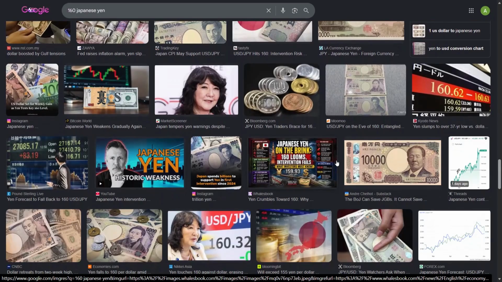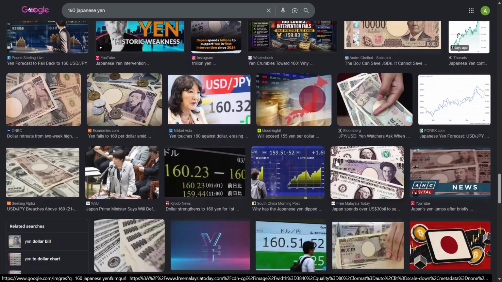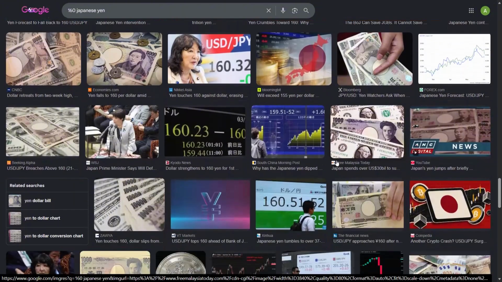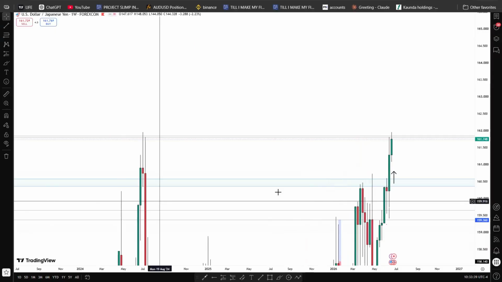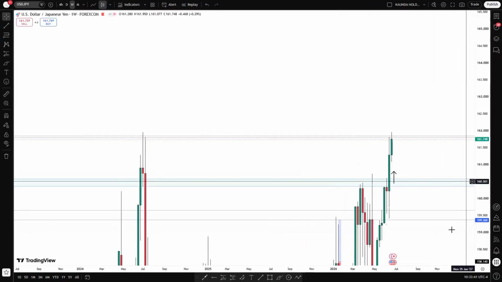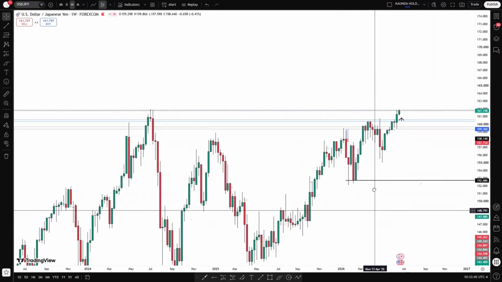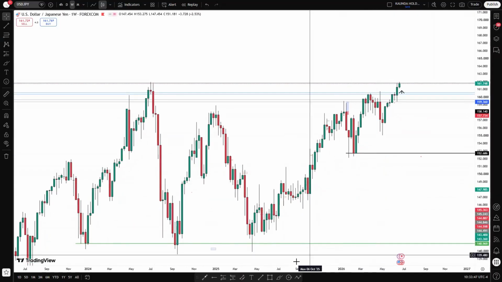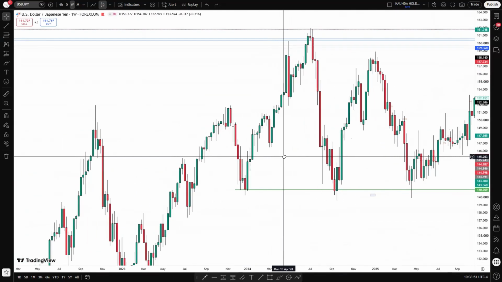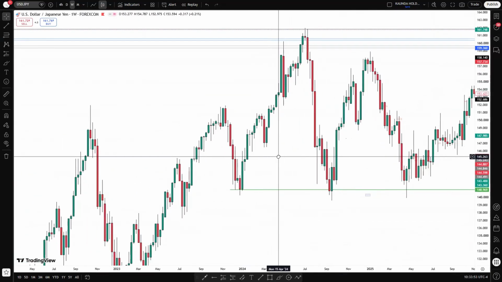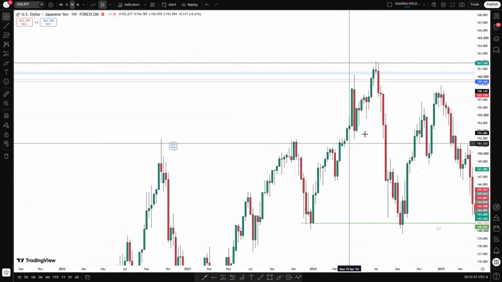And most of the time price has just been trading around 150, 149, 140, 150, 149 for the past 2 years. But now it's at 160.